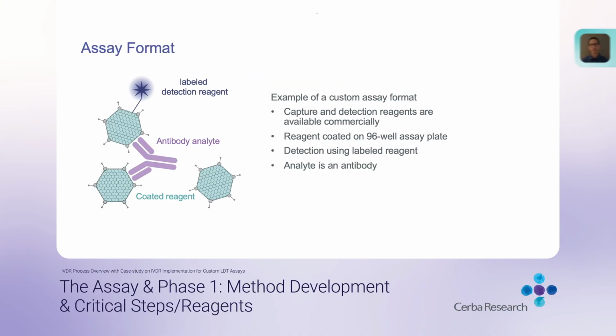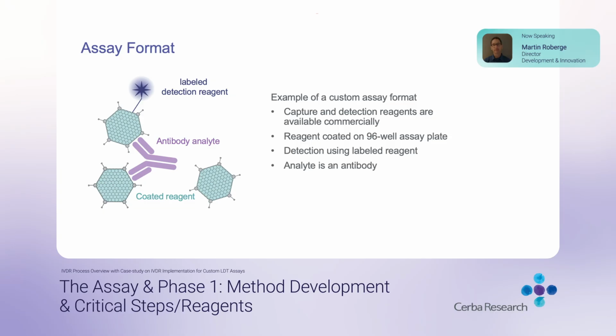So in the next slide, we're going to start by talking about an example of the assay that was going to be used today to present a little bit of a case study. So this is really a generic example of a typical ligand binding assay that uses a custom format. In this assay, you can see that there's a coated reagent, which is used as the capture reagent, and there is also a detection reagent for detection of the signal.